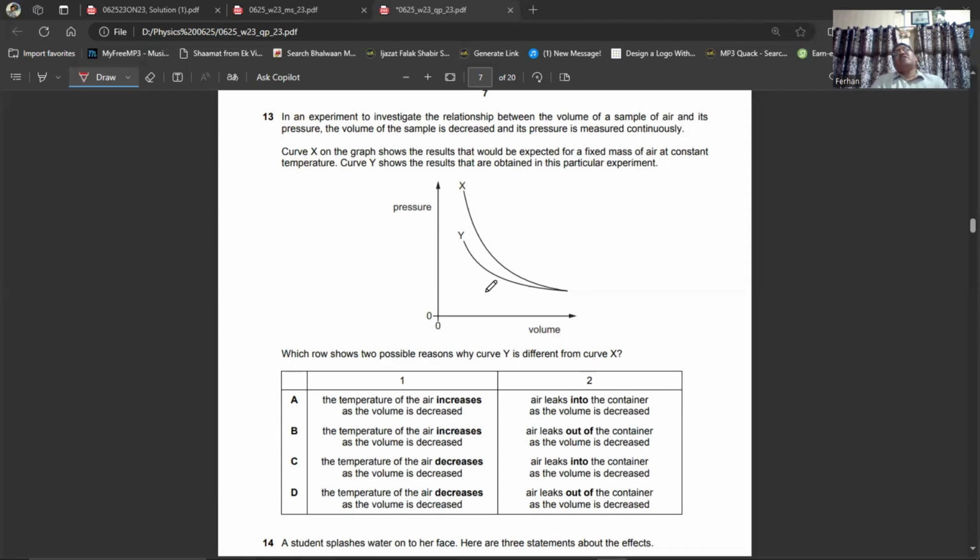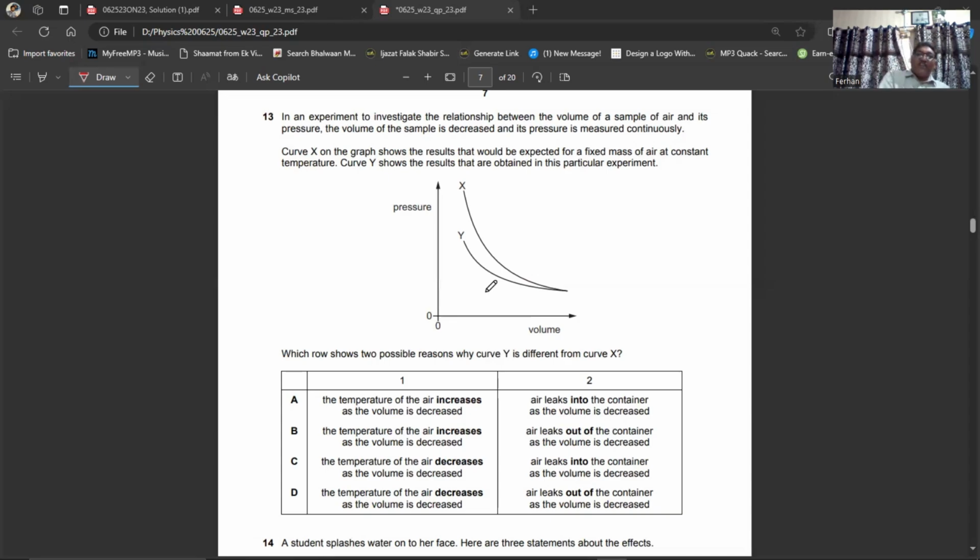So if the temperature had risen, the pressure would have increased also. So I think the temperature has decreased, and that is why the pressure has not increased that much. The other reason can be that some of the air might have leaked out of the container. That can be another reason why, although you are decreasing the volume of the gas, the pressure of the gas is not increasing as much as expected.